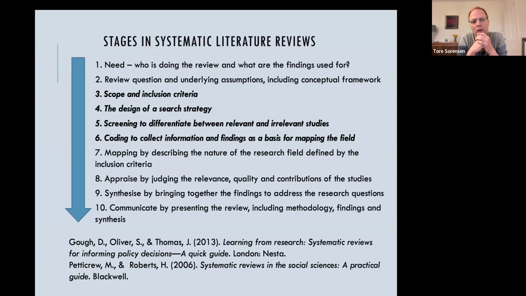And then you start considering the scope of your review, the inclusion criteria of the literature, the design of a search strategy, and I'll go into detail with this, the screening of the literature that you identify to see what is the most relevant to include in your review, the coding of that literature, and then you move into, let's say, the analysis.